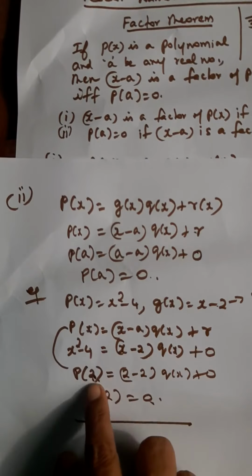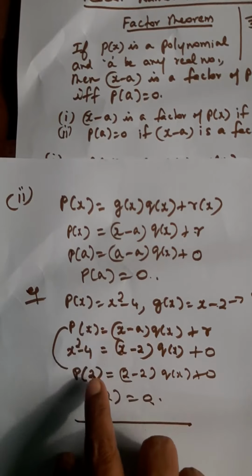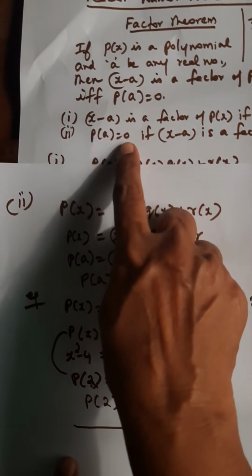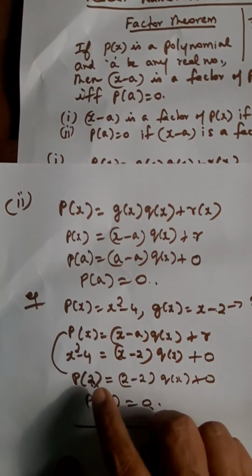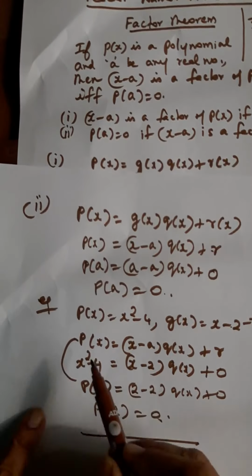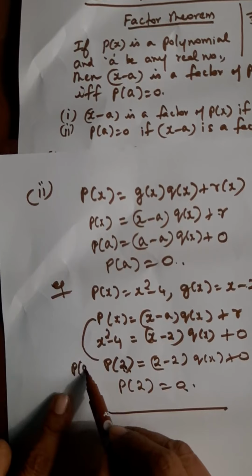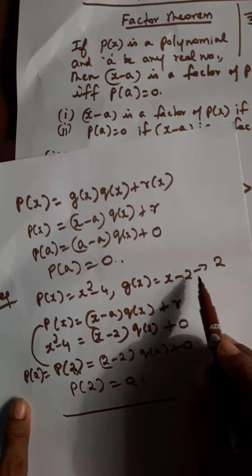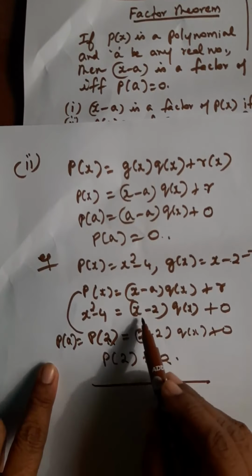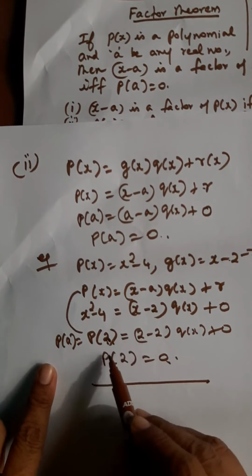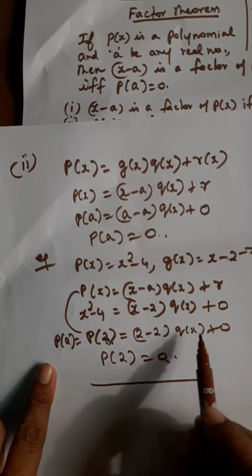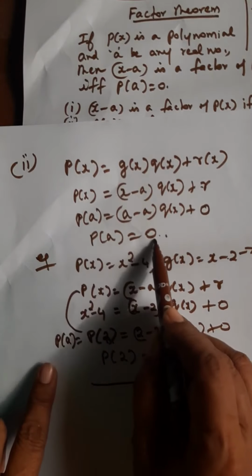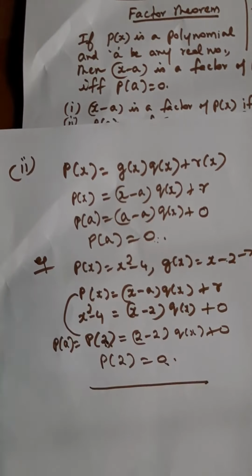So wherever x is, I substitute 2, because in the place of x, a goes in p of a. So in the place of a, the number 2. So p of 2, wherever x I substituted 2, I got p of 2 equal to 0, which is the same as p of a equal to 0. So through a numerical example also I proved the factor theorem.